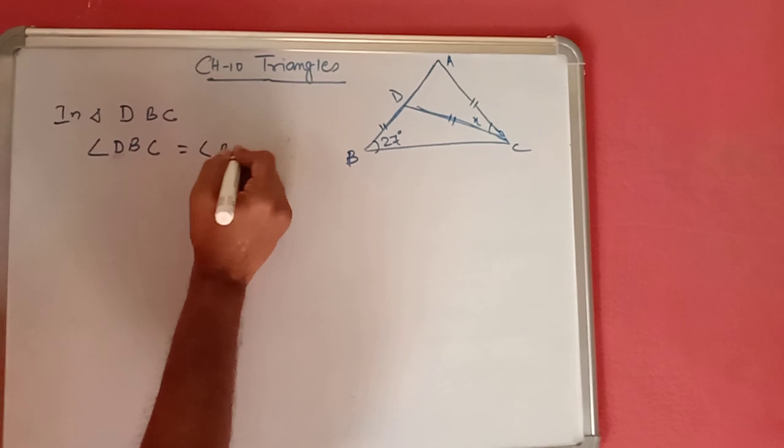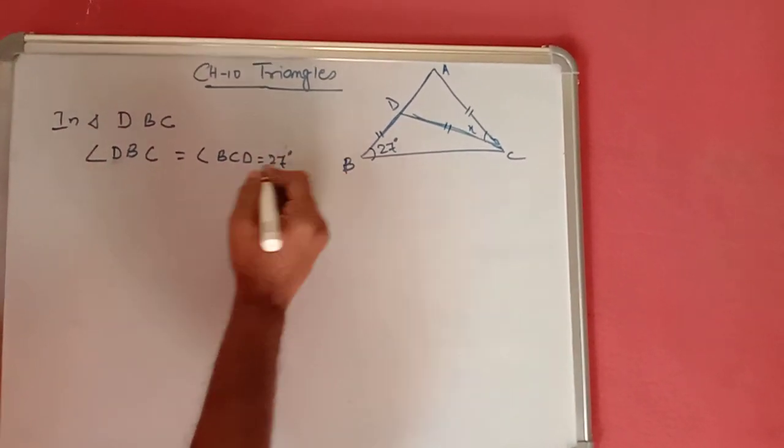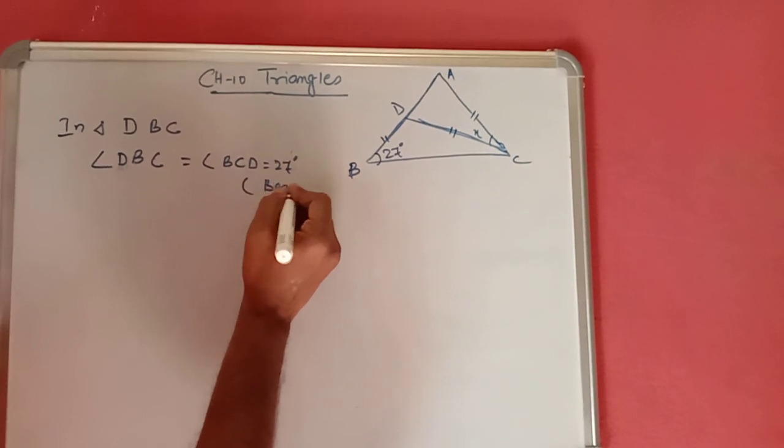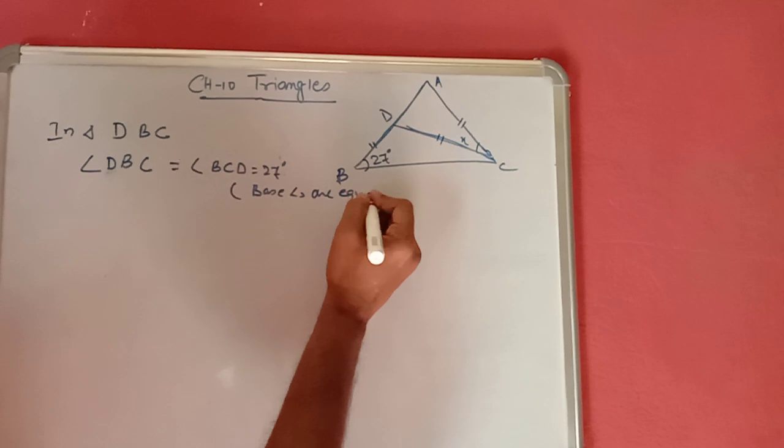Angle BCD is equal to 27 degrees. Why? Base angles are equal.